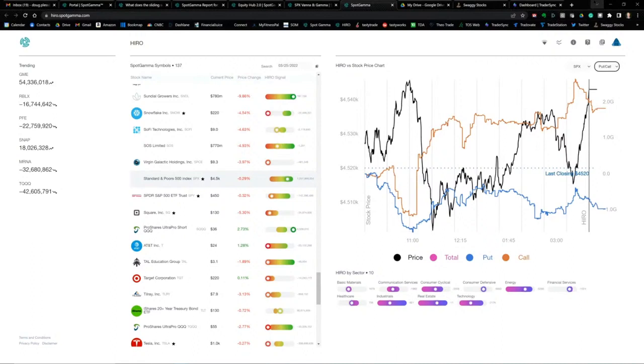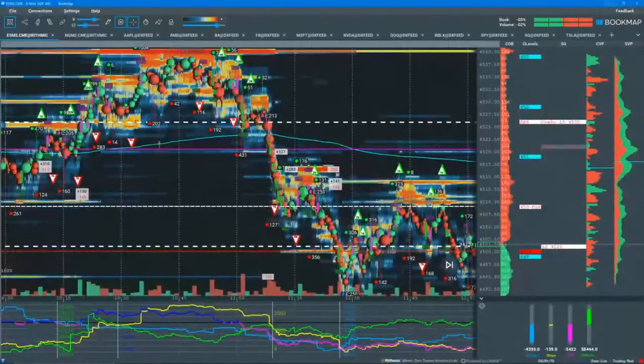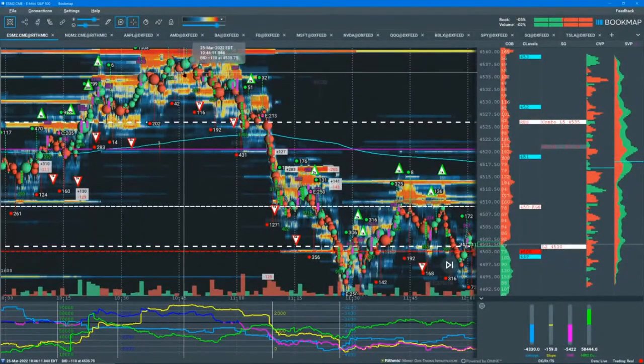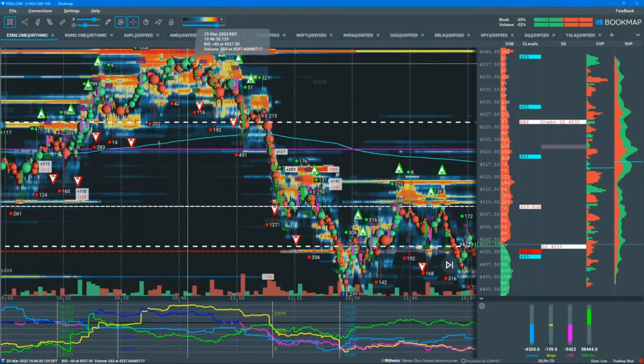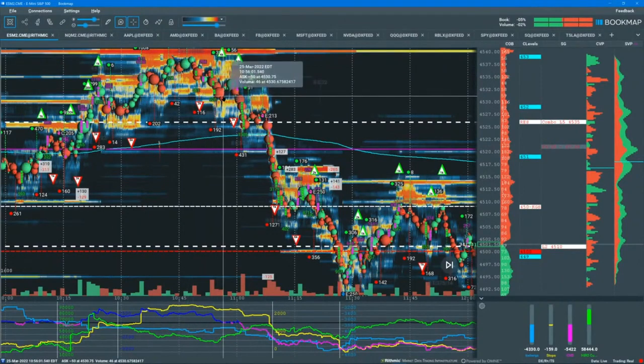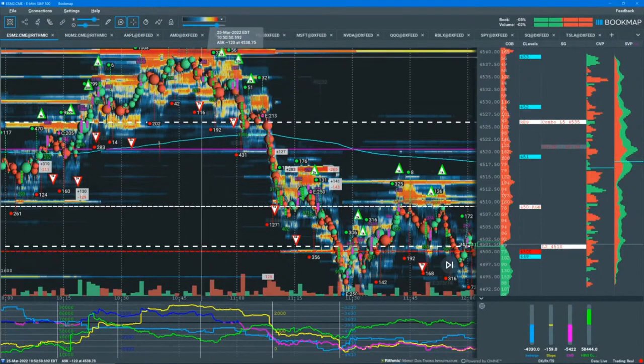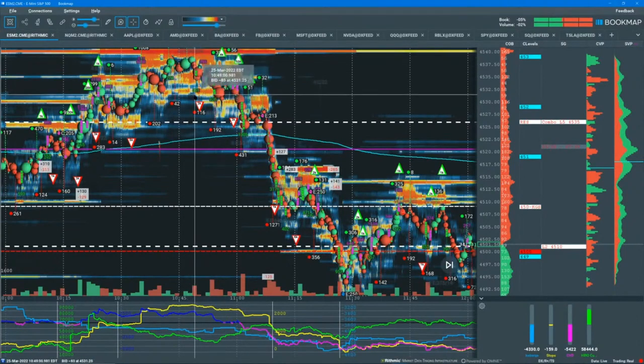So given that, seeing the Hero signal, and then waiting for what I would consider more of entry triggers in Bookmap based on the order flow is when I would consider entering the trade.